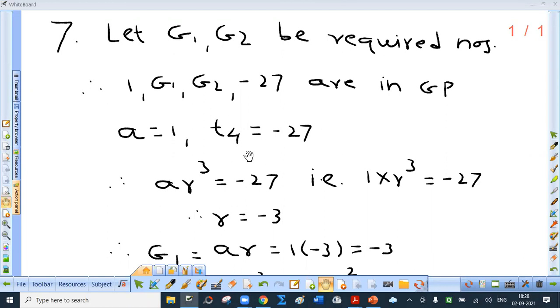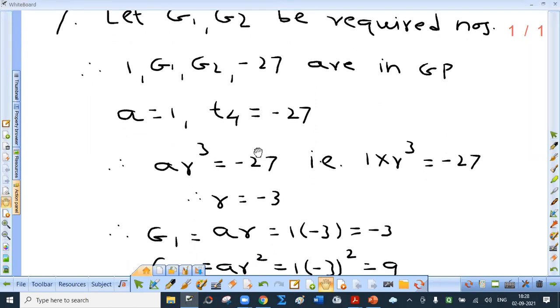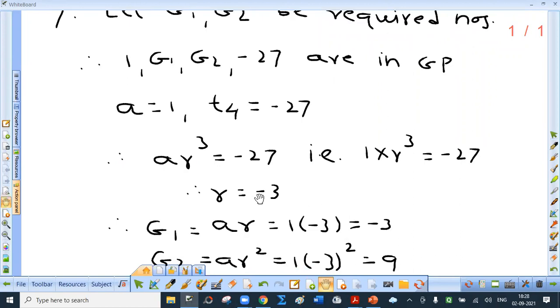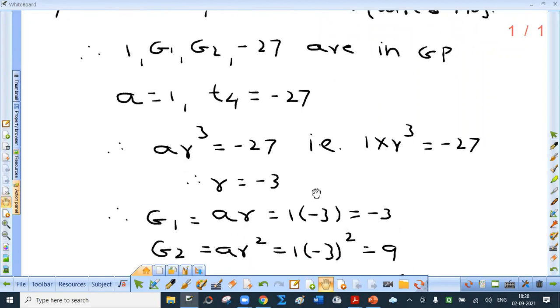But for GP, what is the fourth term? AR cube, but A is 1. So we get R cube equal to minus 27. I hope you won't say R equal to plus minus 3. It is only minus 3. So what is G1? Second term, AR. So minus 3. What is G2? AR square. So 9.